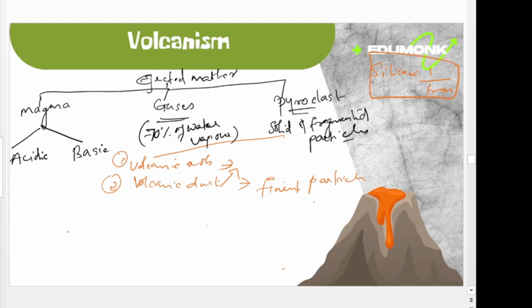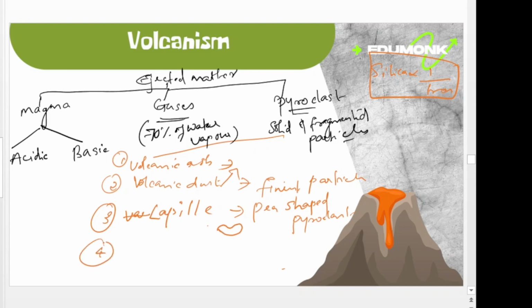Then third one is lapillae. Lapillae means it's a pea-shaped pyroclast. Then fourth one is tuffs. Tuffs means these are water saturated pyroclast.